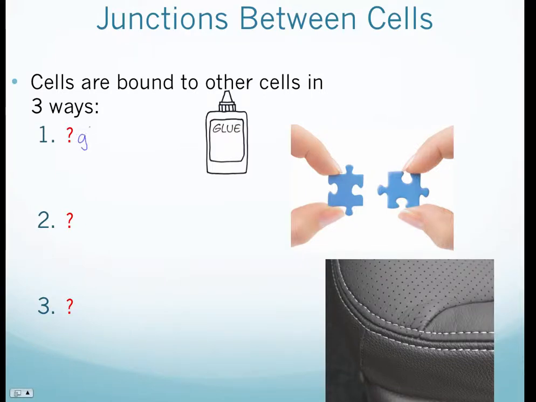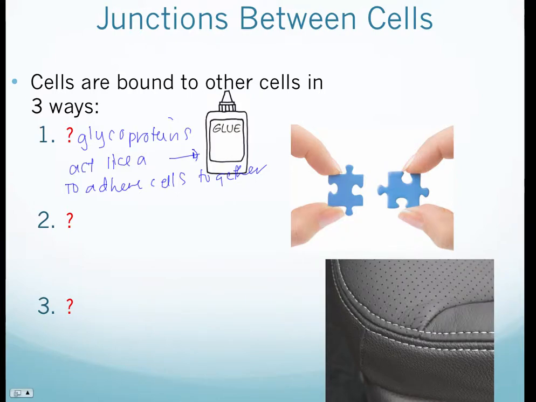So those glycoproteins act like a glue to adhere cells together. Another way is just looking at the contour of the cell itself. So just like 2 puzzle pieces, how they fit together, cells can also do the same.